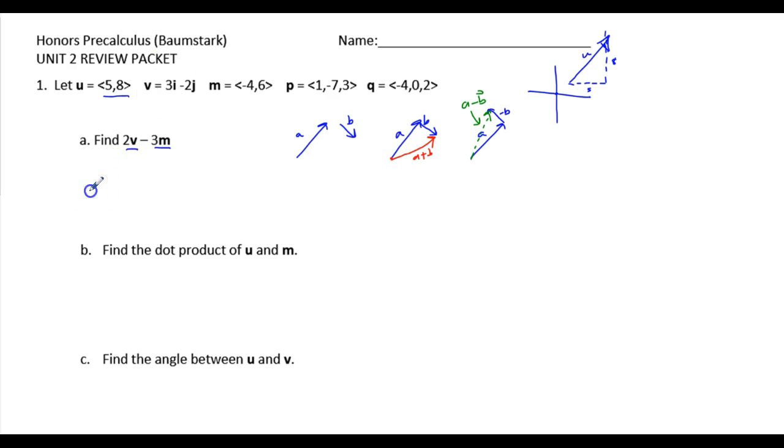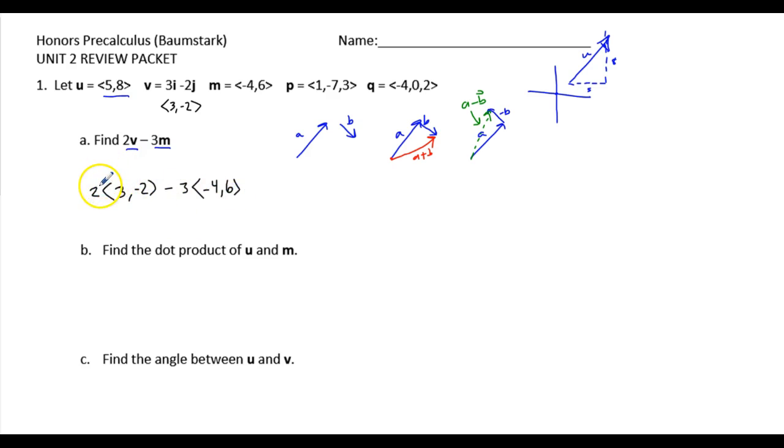2 times the vector v, if I just do scalar multiplication, 2 times, I'm going to go ahead and write this one is 3, negative 2. Remember, there's 2 different forms, standard unit vector form and component form. This would be easier to see here, 2, negative 2. And then we're going to subtract the vector m stretched by a factor of 3.